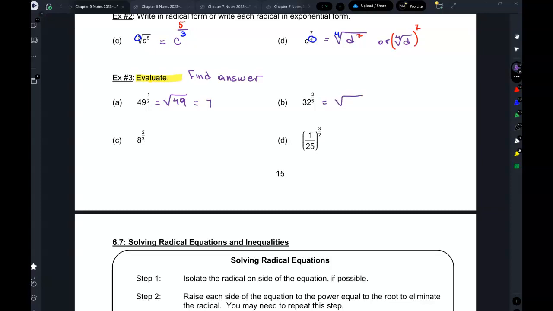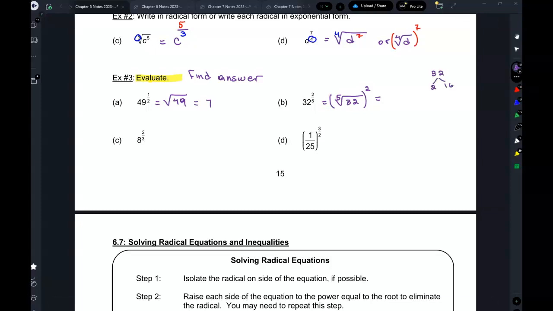Okay? All right, here. This is a root. It's going to be the 5th root of 32. Now, in cases like this, where you have a number inside that you have to evaluate, it's always best to put the exponent outside. Okay? And then here, 5th root of 32.